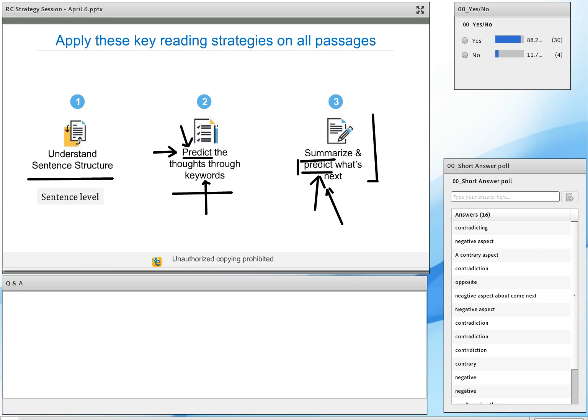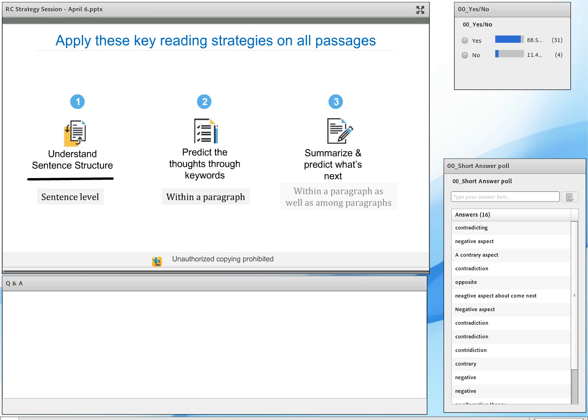All right, so now if you think about it, the first strategy is on a sentence level, understanding the sentence structure. The second strategy is within a paragraph, between, let's say, 2 or 3 sentences. The third strategy is within a paragraph as well as among the paragraphs.